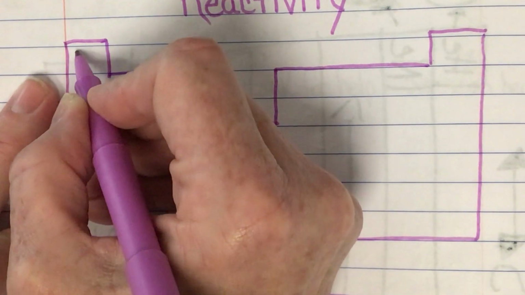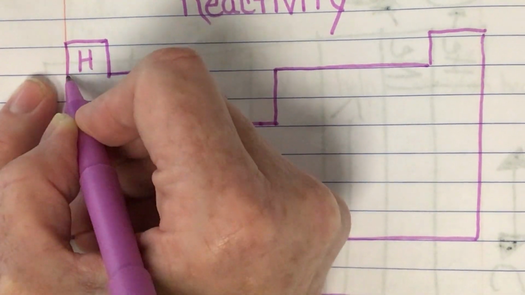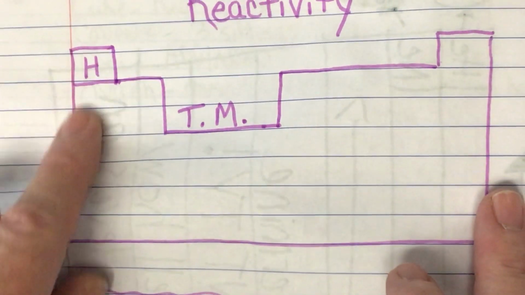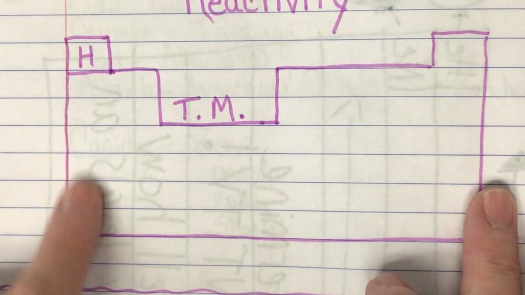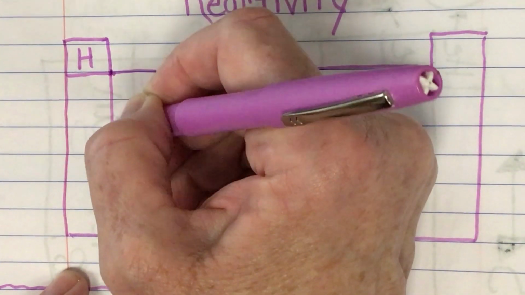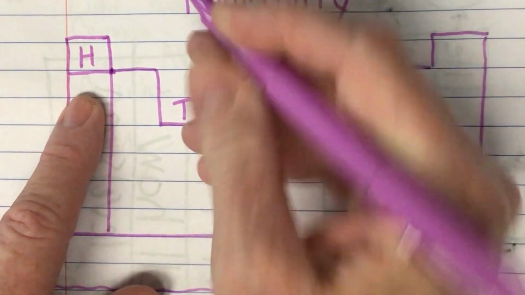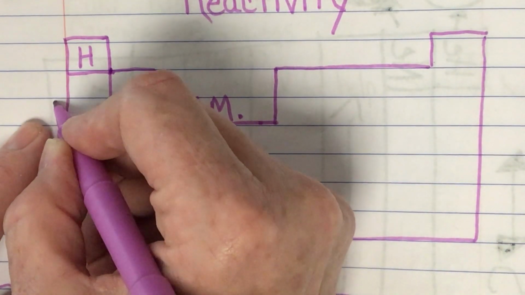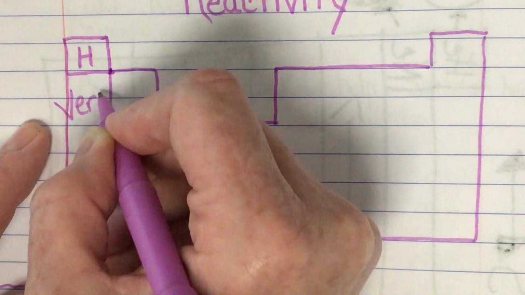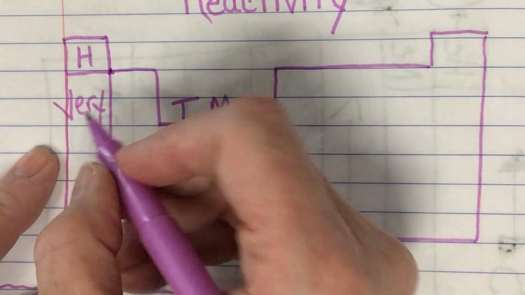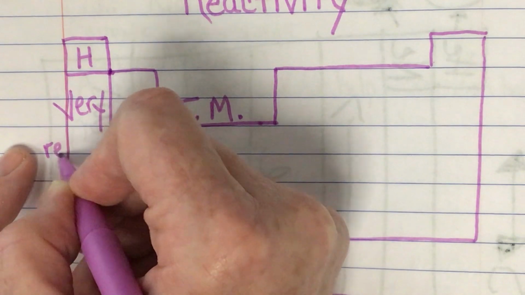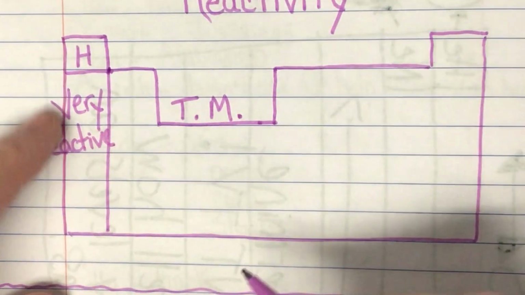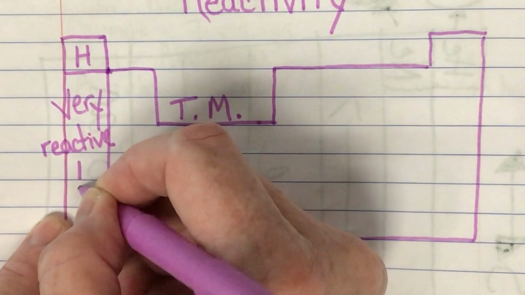All right. Hydrogen over here is the head of the family, or the group, that's called the alkali metals. These guys right here are going to be very reactive, exclamation point.